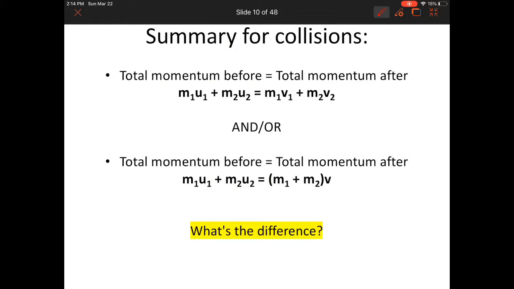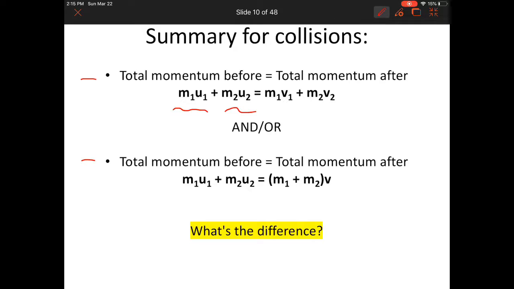This is a summary for linear collisions. In the Snoopy example, we saw that they stuck together, whereas sometimes things collide and don't stick together. So these are the two scenarios that you will have: you have object 1 and 2 colliding and not sticking together.